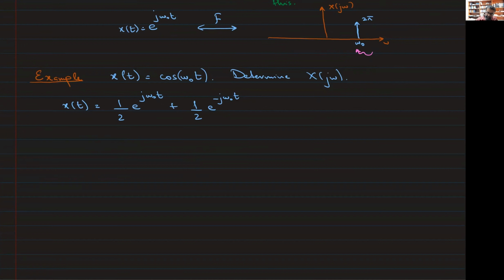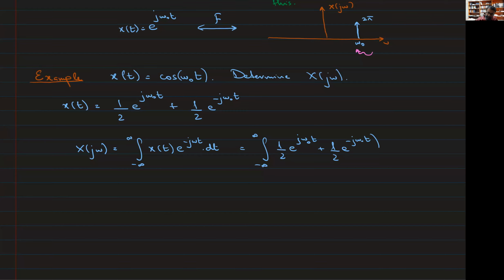apply linearity of the Fourier transform, which is what? X of j omega is defined as the integral from minus infinity to plus infinity of x of t e raised to minus j omega t dt. So therefore, this is equal to the integral from minus infinity to plus infinity of half e raised to power j omega naught t plus half e raised to power minus j omega naught t, times e raised to power minus j omega t, times dt.